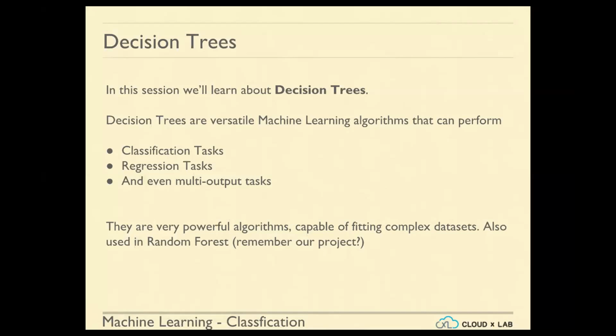The random forest was basically nothing but many decision trees together, or ensembled decision trees. Decision trees are really versatile, and they can perform classification, regression, and even multi-output tasks. They're capable of fitting complex data sets.